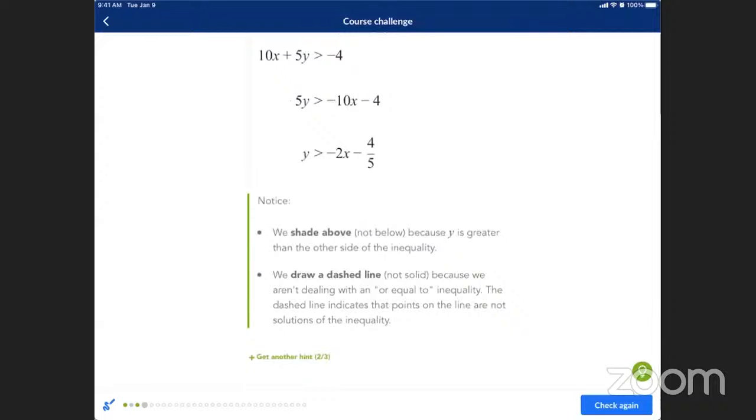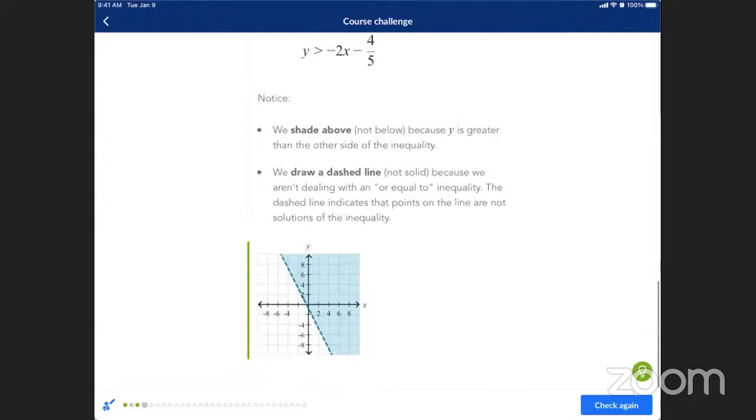So a dashed line indicates the points on the line are not solutions of the inequality. Okay. So that's what it would be.